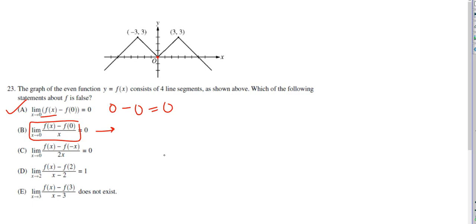Term by term, the derivative of the numerator is f prime minus, now f of 0 is a constant, f of 0 is 0, and the derivative of a constant is 0. Now take the derivative of the denominator, that's 1. So I'm getting f prime of x, and I'm trying to evaluate this at 0. What is the derivative there? If I try to zoom in there, do I get 0? I do not. The derivative does not exist. So this is false, making B the correct answer.